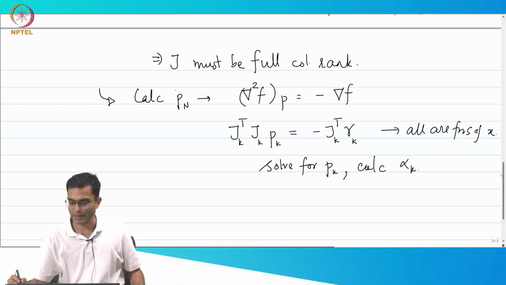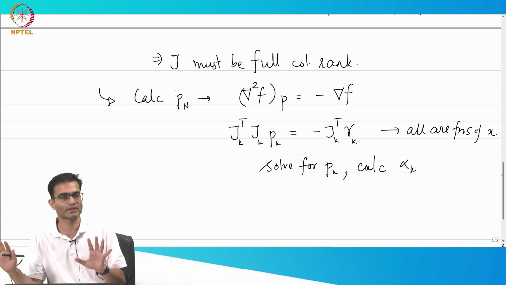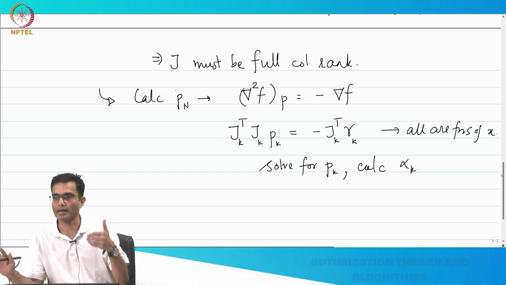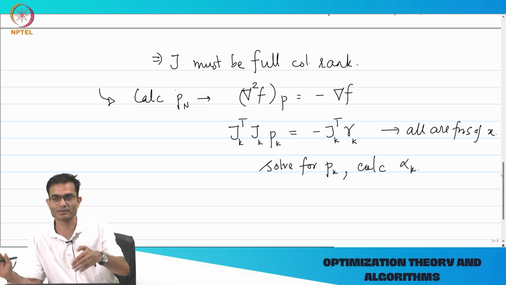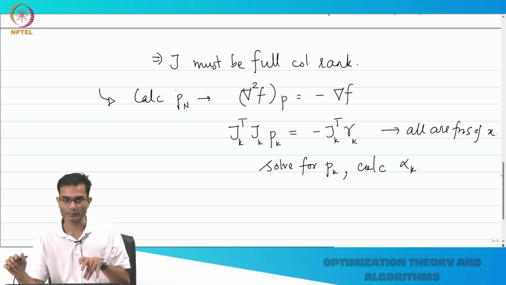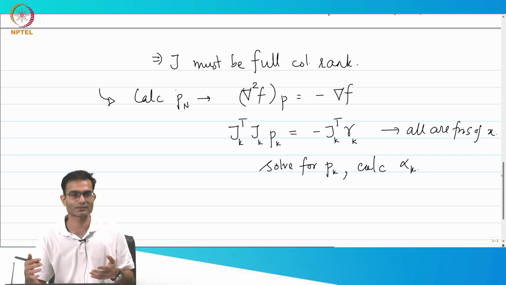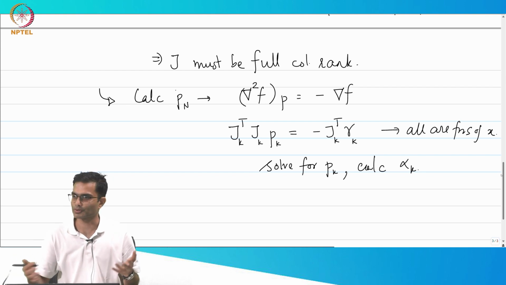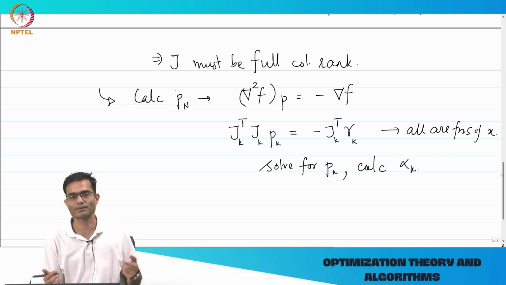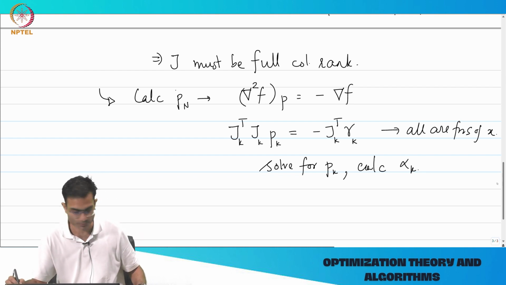So in a nutshell, this is what the Gauss-Newton method does. It ignores the second part of the Hessian, and you are calculating the search direction each time by solving this system of equations, and doing an inexact line search to get alpha. It is very similar to the Newton method, except a few simplifications come in because I just called it a least squares problem.